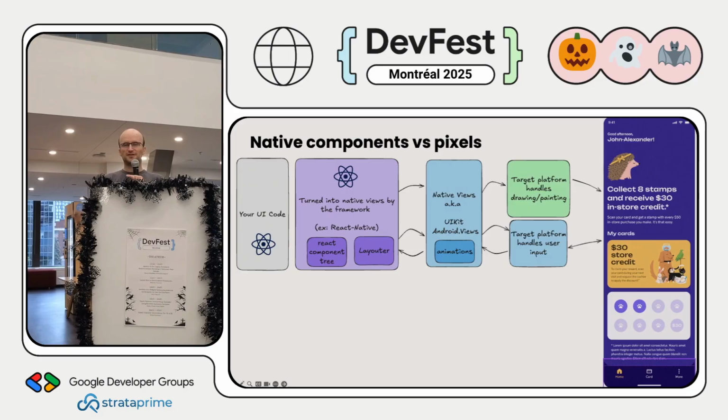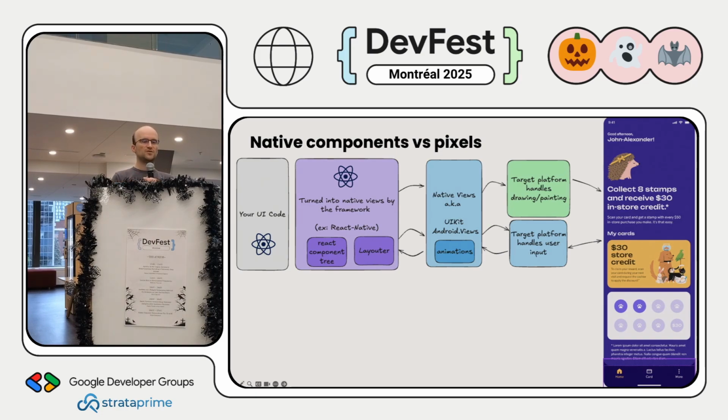More with diagrams, I'll try to illustrate all the different categories. On the left you'll see your UI code, and then in the React Native world, the purple one, you'll have the layouter that will take your code and do the layout: how to place elements on the screen, and how to build those components.